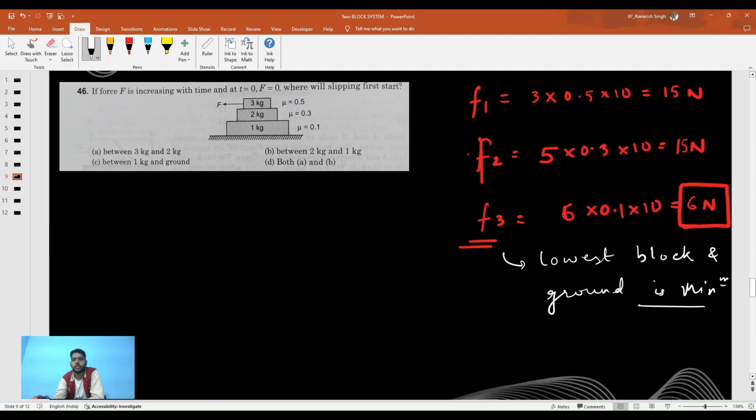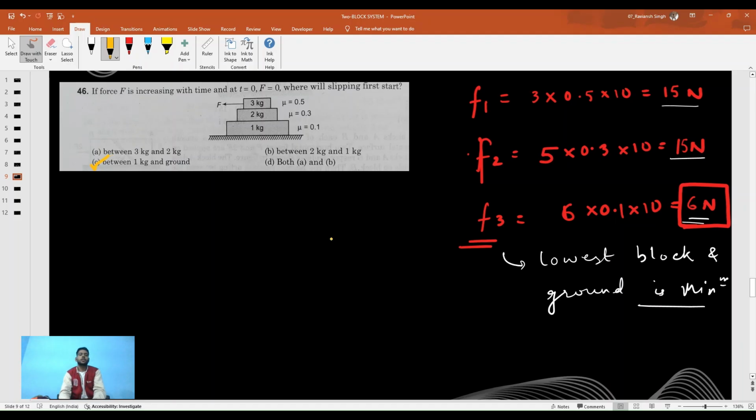Okay, so there is 15, we need more than 15 newton to move these two blocks as a whole, but we will only need 6 newton to move the system against the ground. So what will be your answer? Your answer will simply be between 1 kilogram and ground.